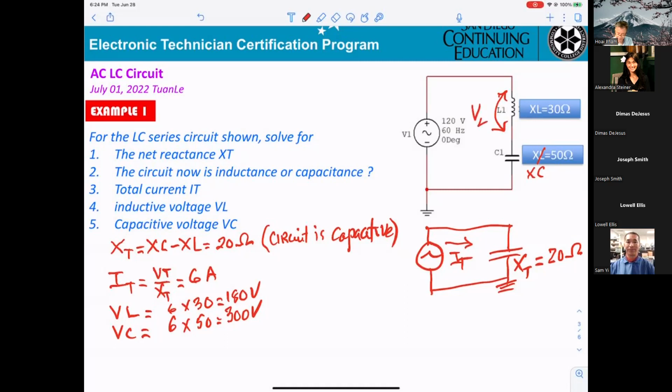Yeah, you need to know the current. But you cannot take 120 divided by 50 plus 30, because they are opposite. That's why we have to come up with either one in order to get the current.